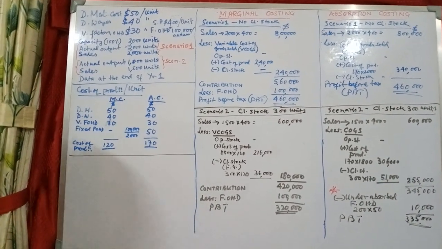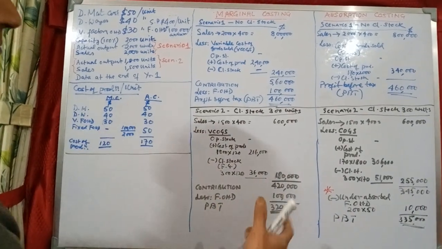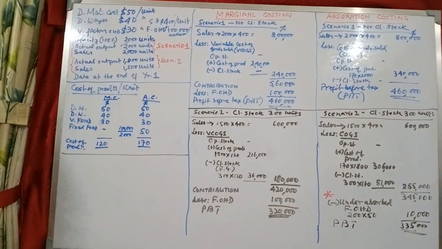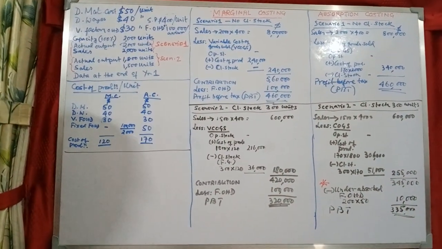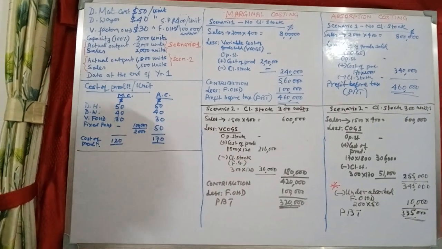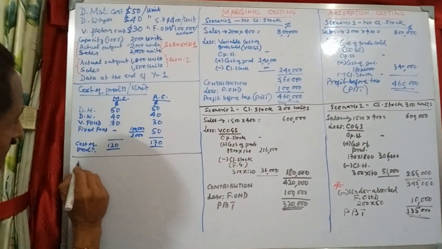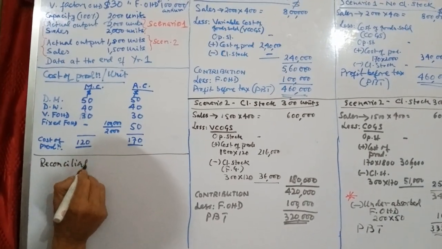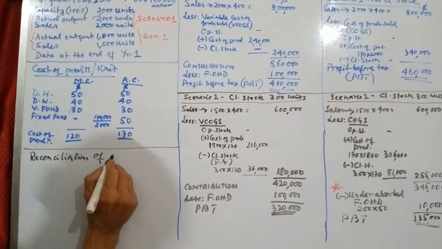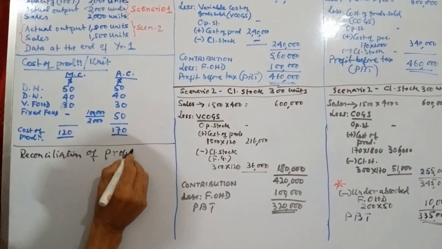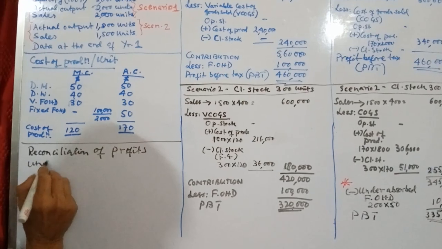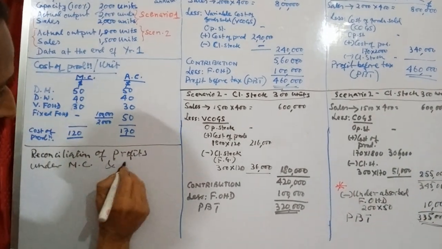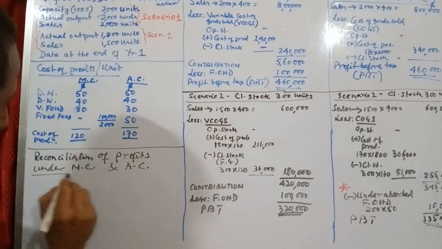Similarly, in case of profits under marginal costing and absorption costing, we can reconcile these two profits. Okay, so we are reconciling here. Reconciliation of profits under marginal costing. MC is marginal costing and AC is absorption costing.